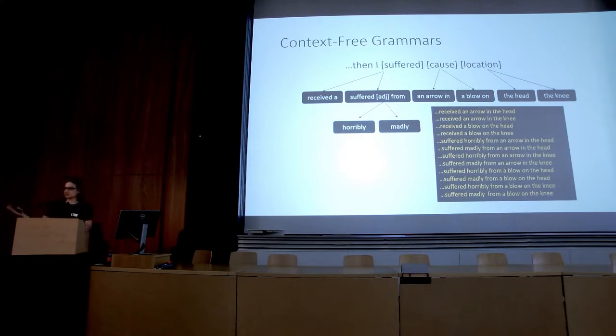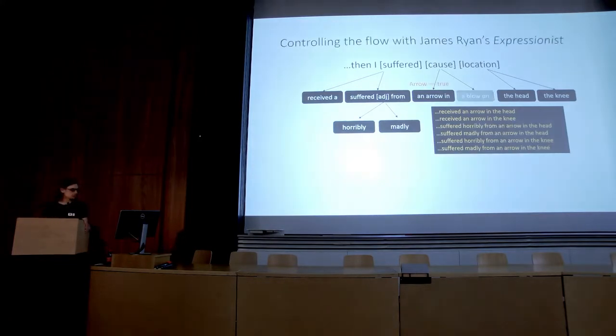You can make many variations, but you can also control the flow. So here I was using James Ryan's Expressionist, where it's not only a context-free grammar, but the flow can be controlled by saying, it will go to that node only if this variable is true. So the characters can not only say varying things, but they will also say true things, in the context of the system, which is important.